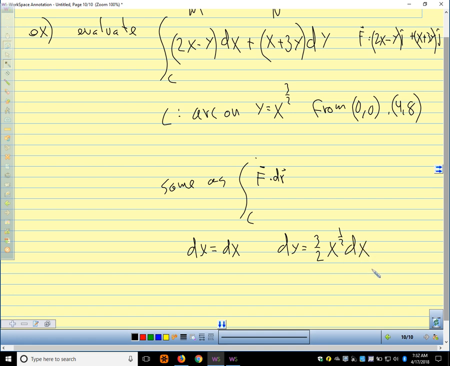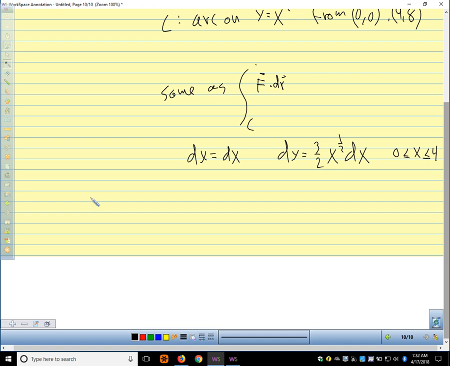Excellent. So now it's all in terms of x. And this is going to be from 0 less than or equal to x less than or equal to 4. So we replace all the y's with x to the 3/2, and we're just evaluating an integral in terms of x.